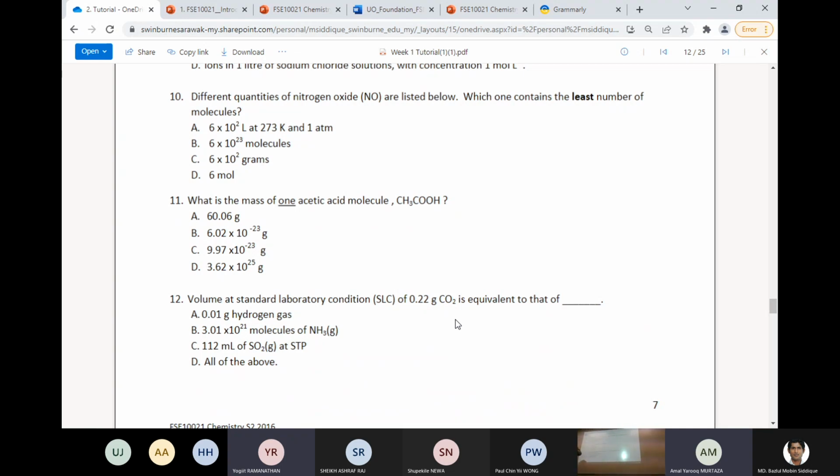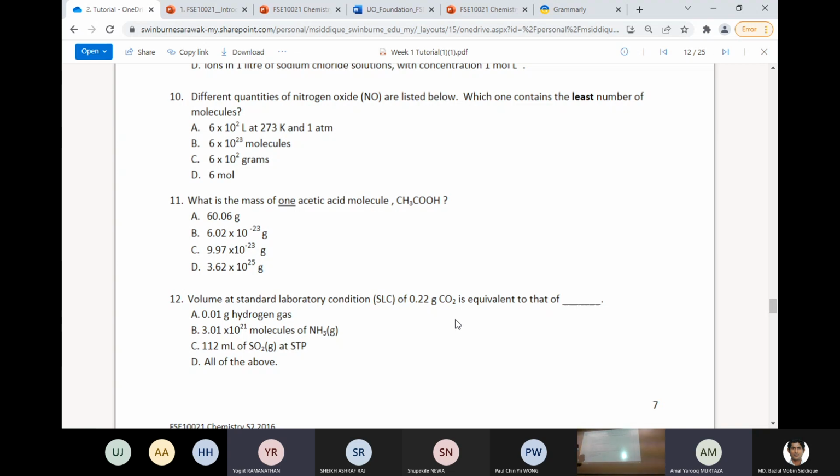Question number 10 says that different quantities of nitrogen dioxide are listed below. Which one contains the least number of molecules? So this one, 6 times 10 power 2 liters of nitrogen at 273 Kelvin and 1 atmosphere.